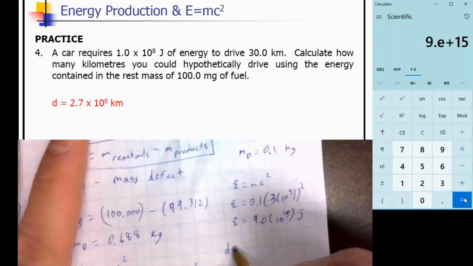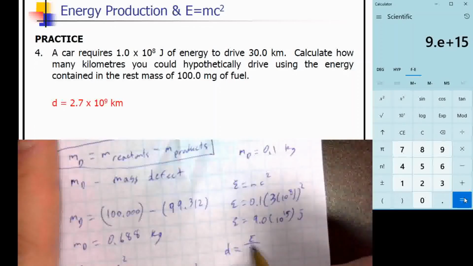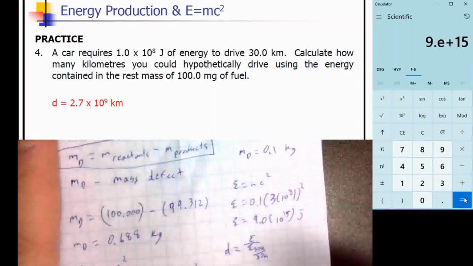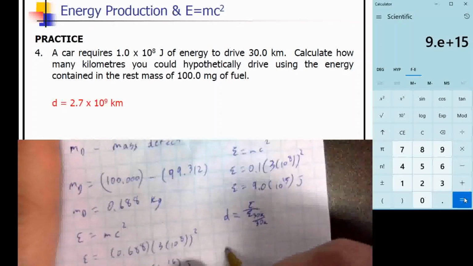My distance to travel is my energy divided by my efficiency here, which I'm going to call E30K, divided by 30K.